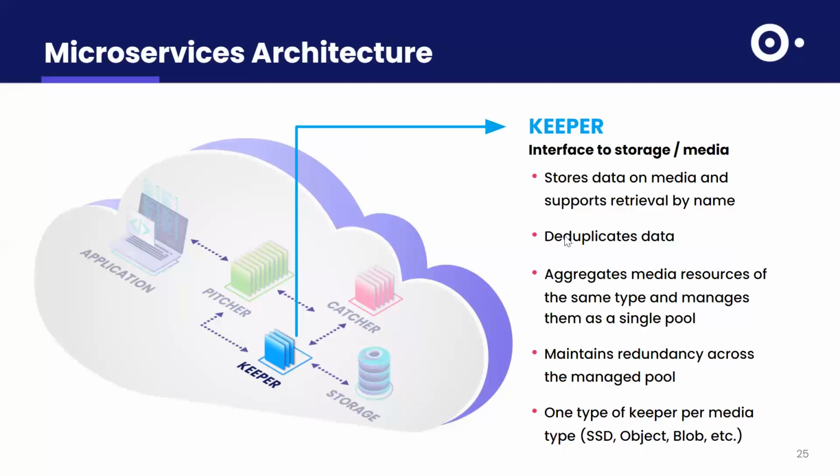It also manages the non-duplication of the data. So it works with the catcher to ensure that we're not writing the same sets of ones and zeros into more than one block. So those are the three elements, the pitcher, the catcher, and the keeper, that come together.